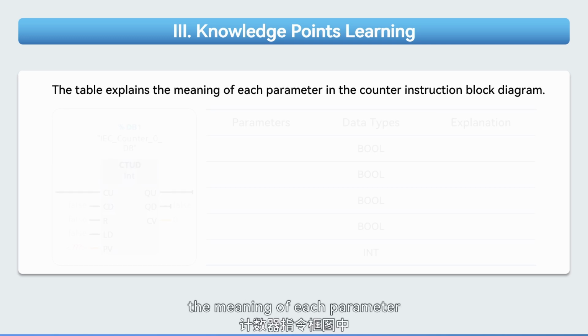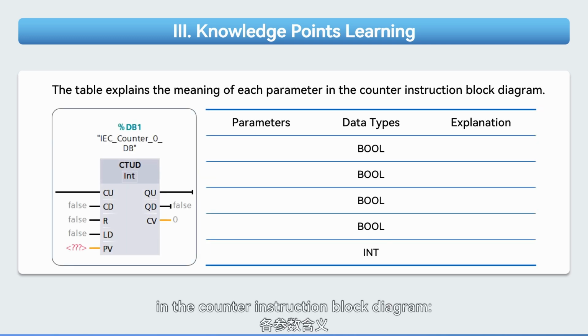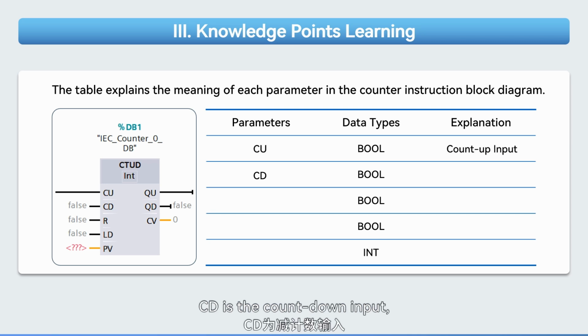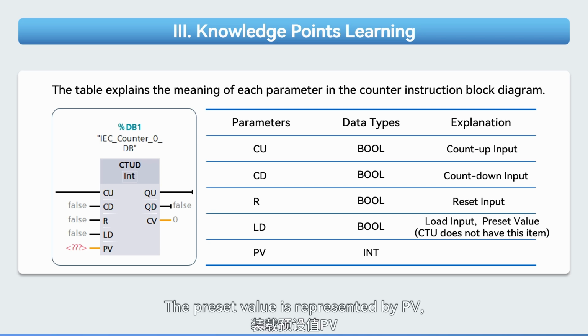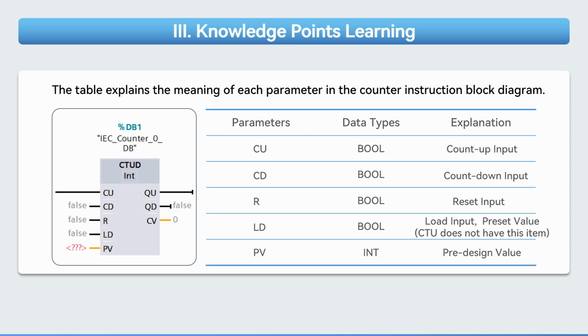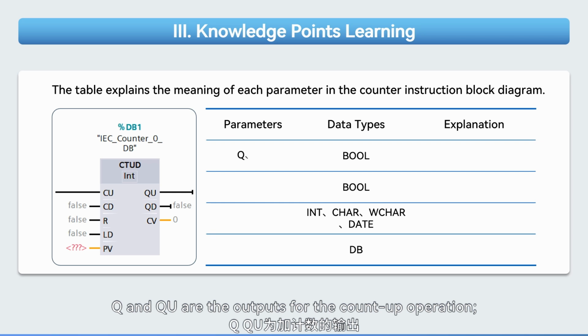The table explains the meaning of each parameter in the counter instruction block diagram. CU is the count up input, CD is the countdown input, R is the reset input, and LD is the load input. The preset value is represented by PV, which is the value to be loaded. Q and QU are the outputs for the count up operation.